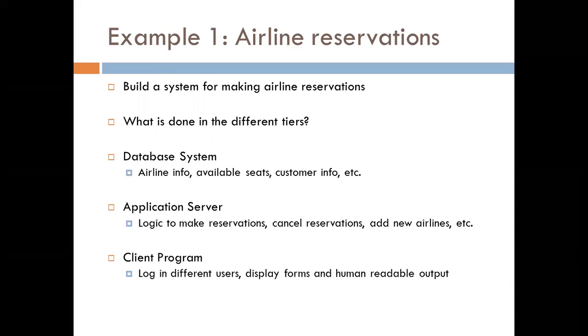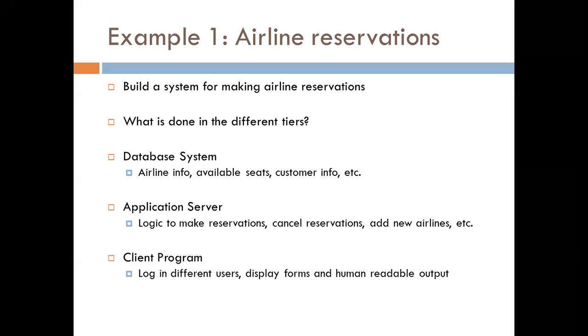Consider an example of airline reservation. If you want to book an airline ticket, what are the different tiers we can build? We can build a database system. In the database we have to store the details of the airlines, how many seats are available, customer information we need to capture, which customer has booked which flight at which time, and the billing details.